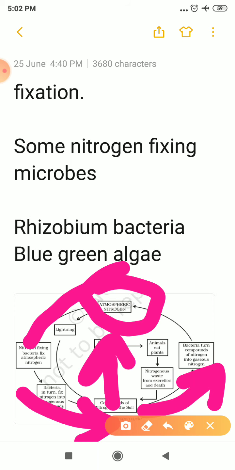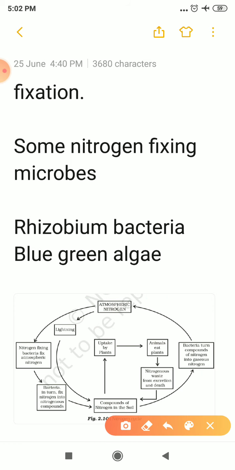From plants, again, we'll take it from here. From plants, animals, including human beings, take plants as food.